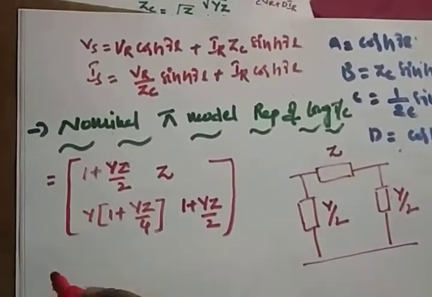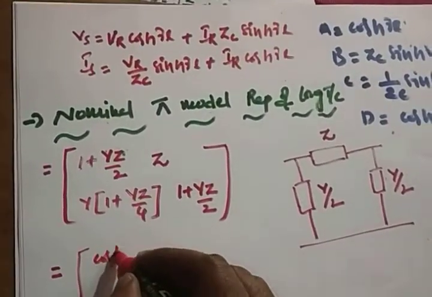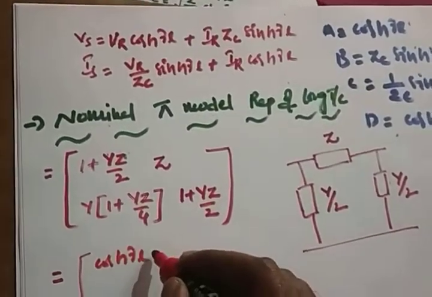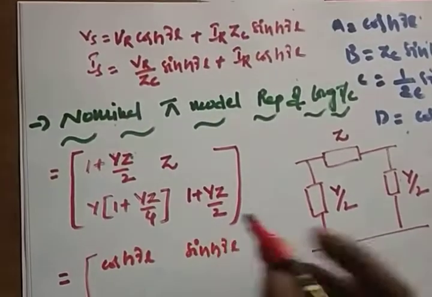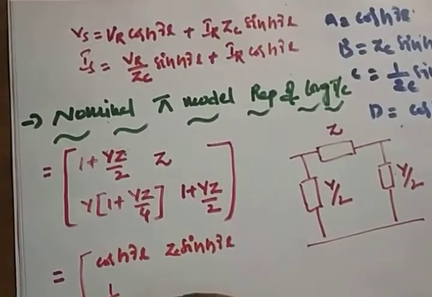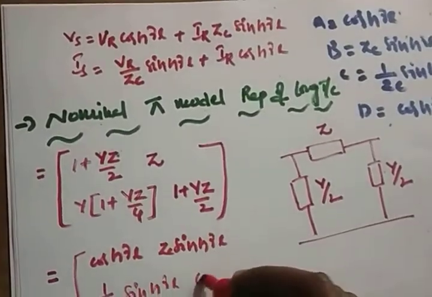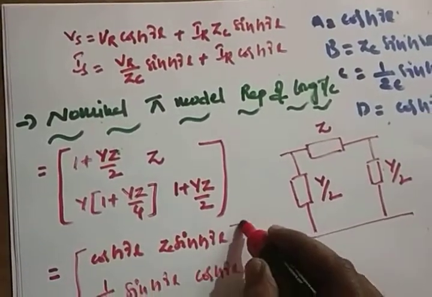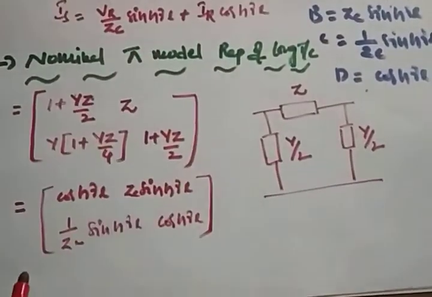For a long transmission line, what are the ABCD parameters? They are cosh(γL), ZC sinh(γL), 1 by ZC sinh(γL), and cosh(γL). So these are the ABCD constants for a long transmission line.